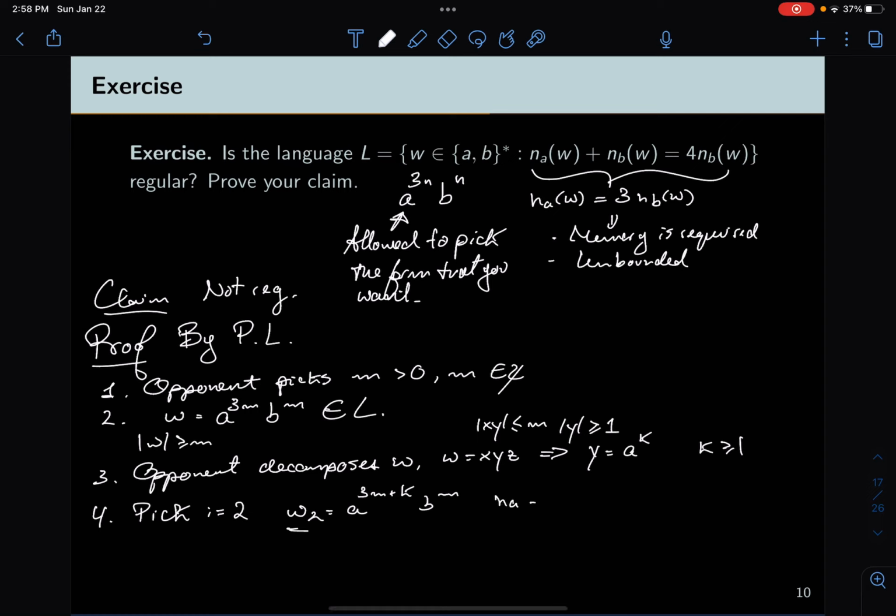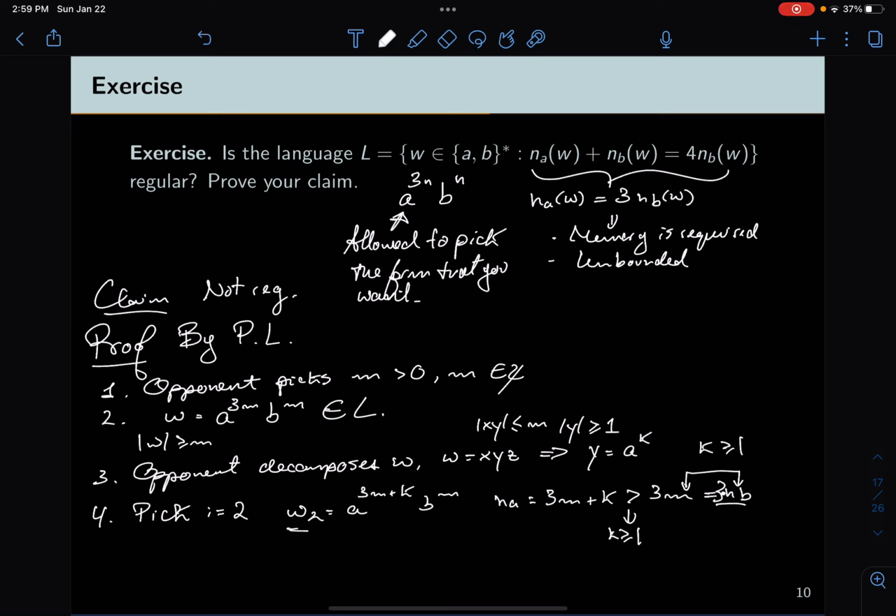Here the number of A's is 3m plus k, which is strictly greater than 3m. It's strictly greater because k is greater than or equal to 1. And 3m is equal to 3 times the number of B's, since the number of B's is m.